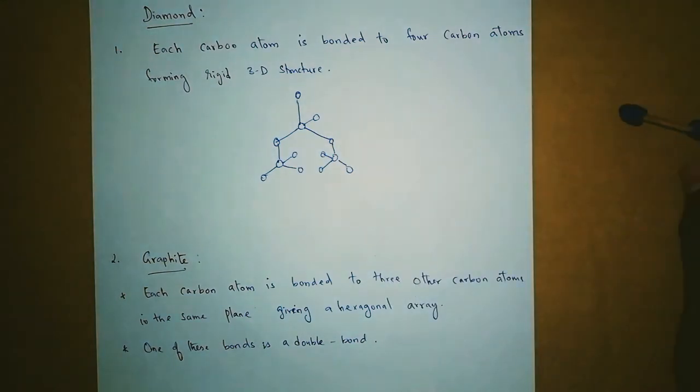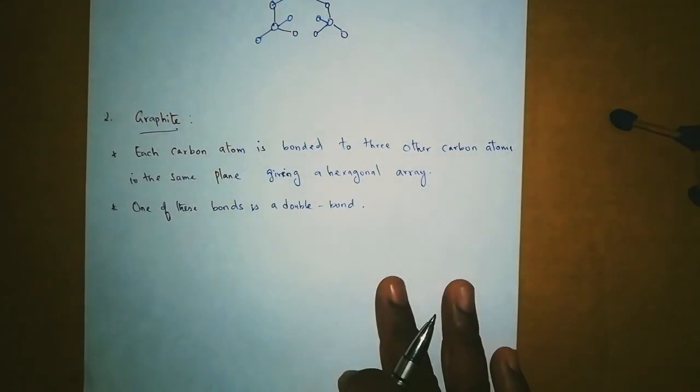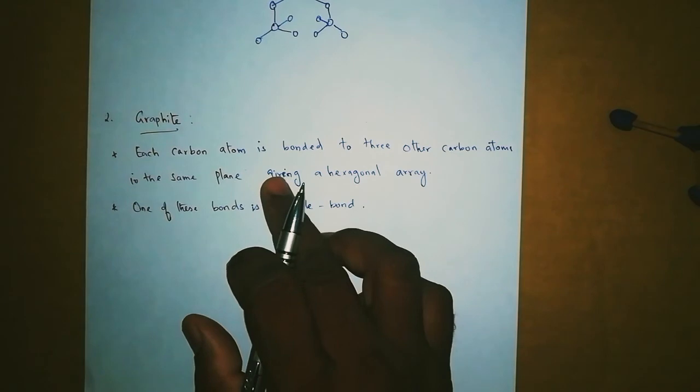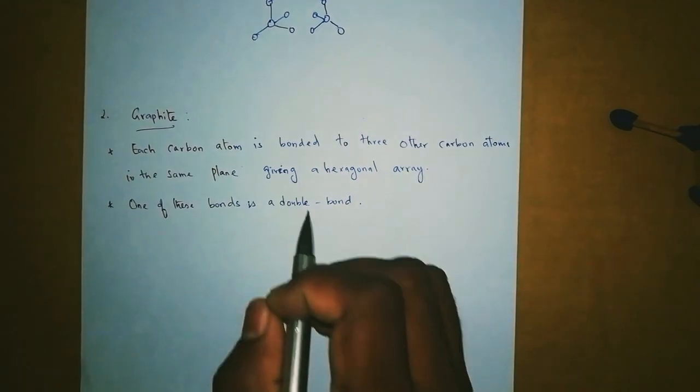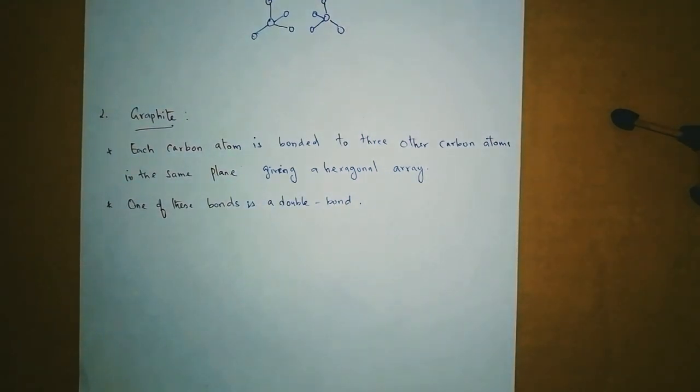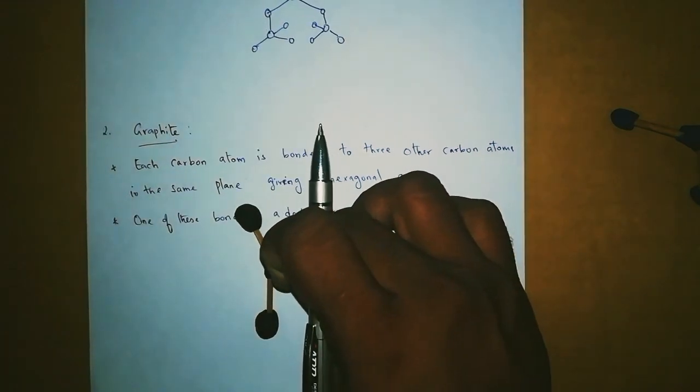Okay, let's move on to the graphite structure. Each carbon atom is bonded to 3 other carbon atoms in the same plane, giving rise to a hexagonal array. Let's try with this also. This is one hexagonal array.